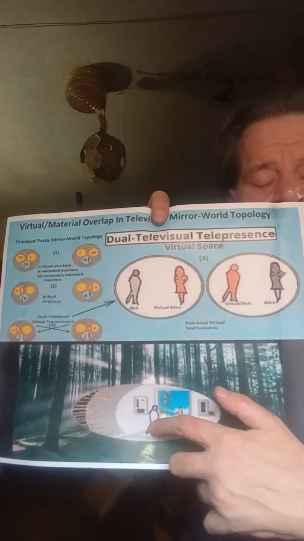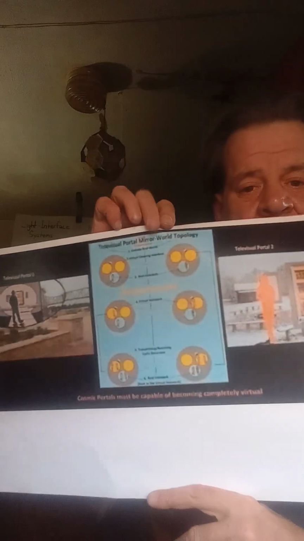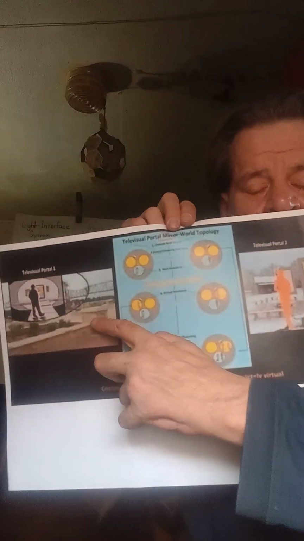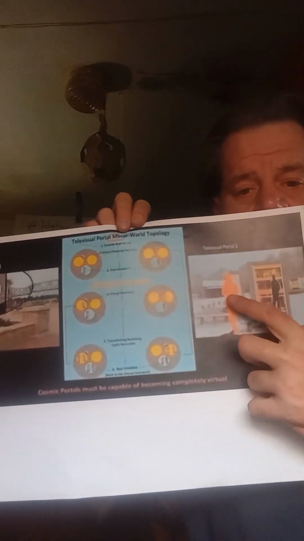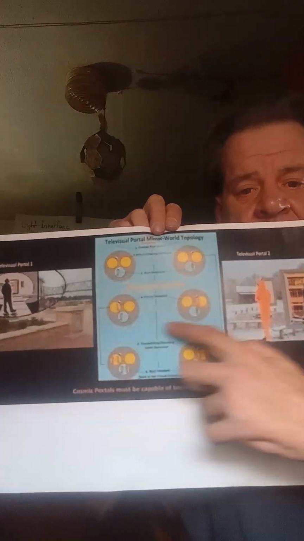And this is an image displaying a portal in a forest. This is another image of the mirror world topology. This shows Televisual Portal 1, Televisual Portal 2 from the outside in Portal 1, and from her holodeck in Portal 2. And it could be a change of seasons too, it doesn't matter.